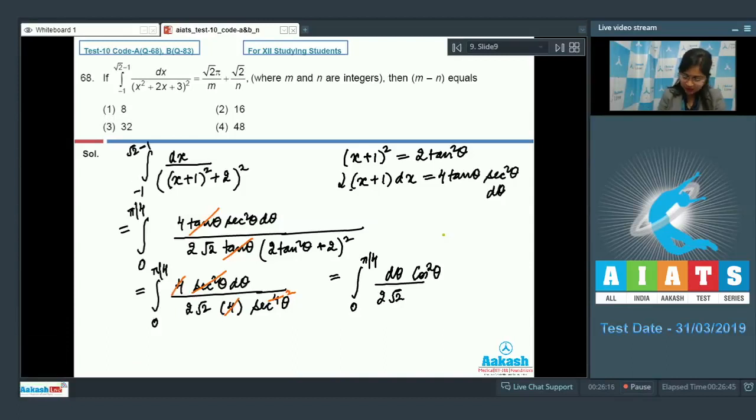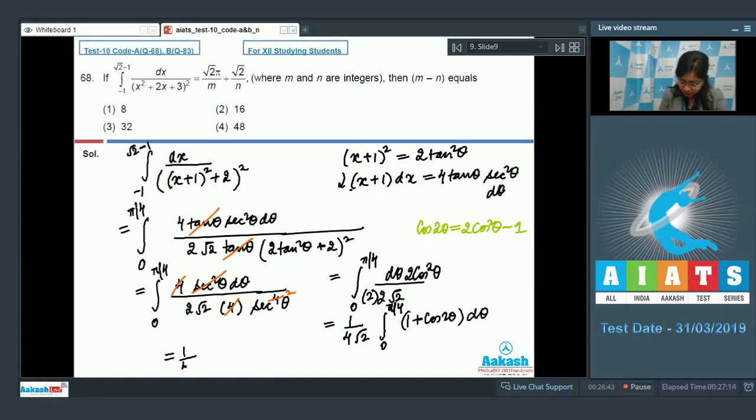Now we know a formula that cos 2θ is equal to 2cos²θ - 1. So making use of that here, let us multiply 2 in the numerator and denominator. So this is equal to 1 upon 4√2 integral from 0 to π/4, 2cos²θ can be written as (1 + cos 2θ) dθ.